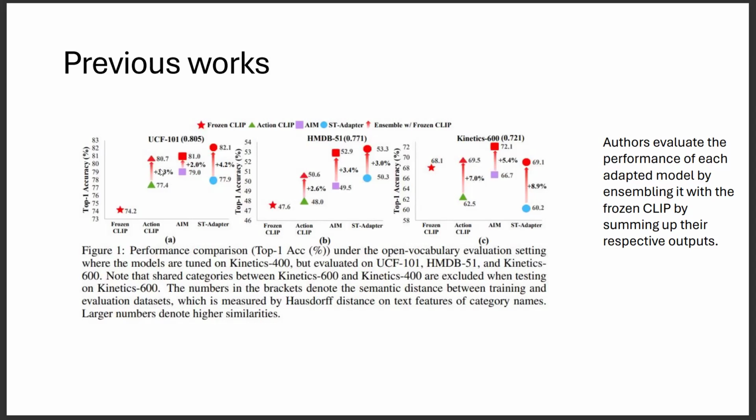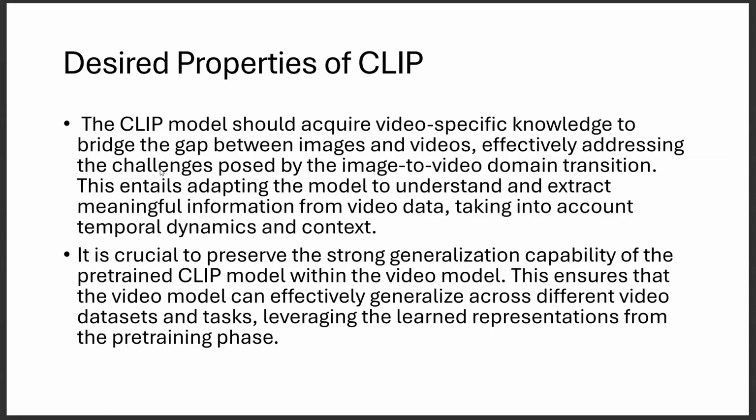When we tune one model for one particular dataset, we have to tune it in a way that we keep the generalizability of the model after training. So why do we use language models in our vision tasks?